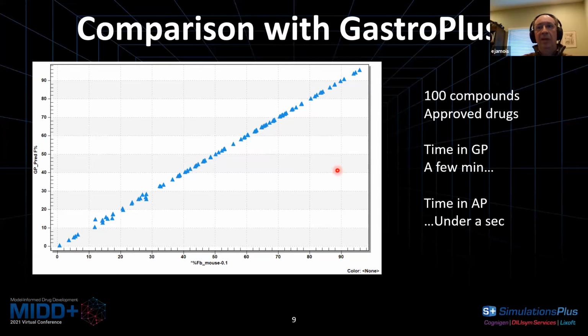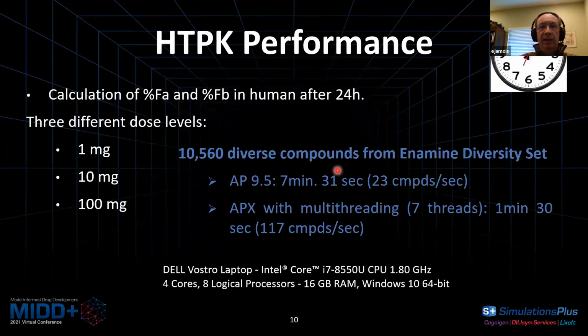So it's extremely fast technology, and again, to the point that, of course, back to the spirit that these tools can be used very efficiently in a discovery setting. So these are actually some benchmark timings for percent FA and percent FB in human after 24 hours.